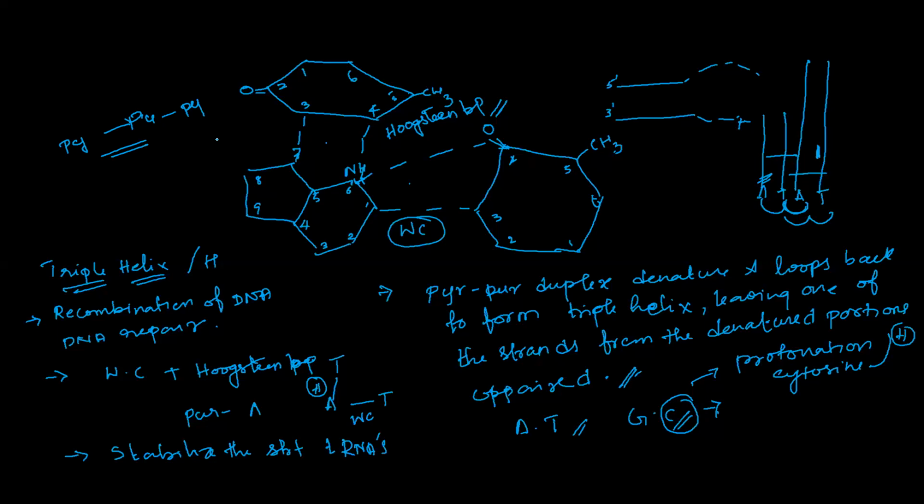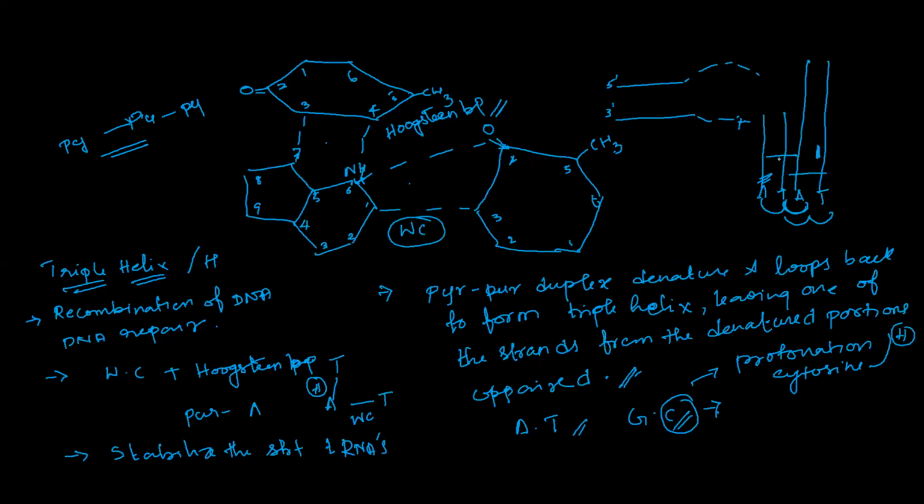Now as I mentioned, it will be seen like this. Once the purine pyrimidine duplex denatures and loops back, it forms a triple helix structure. So how does it happen? Once it gets denatured, it is going to position itself here.